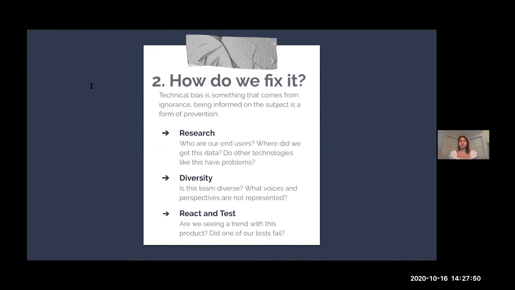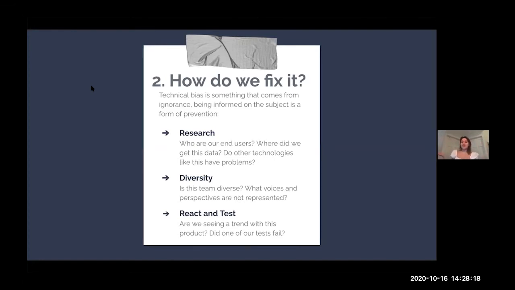So doing market research and going, okay, I'm launching a facial recognition technology, I see that the facial recognition technologies in the market really are great with white faces and not good with faces of color. That should be something that you take into account in the build process and go, I know that I am ripe for this kind of error, this kind of mistake. Let me mitigate that as much as I can in the process of building it out.